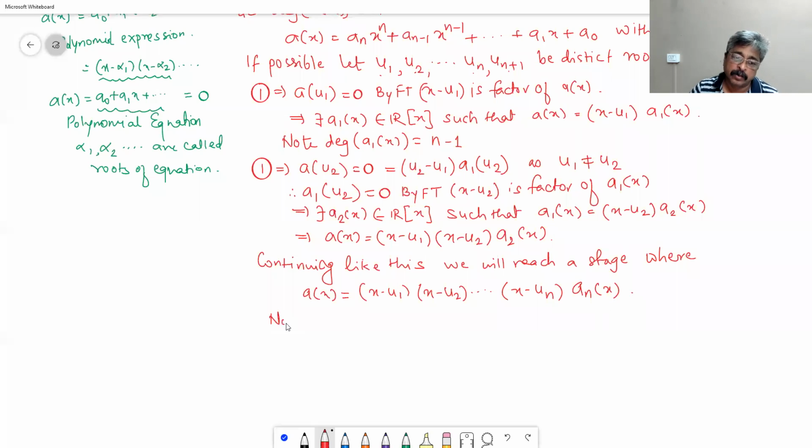Now the degree of an(x) is equal to 0. Why? Because you have n factors now and the degree of each factor is 1. They add up to n, and a(x) is also of degree n. Therefore you do not have any degree, or the degree is 0 as far as an(x) is concerned.